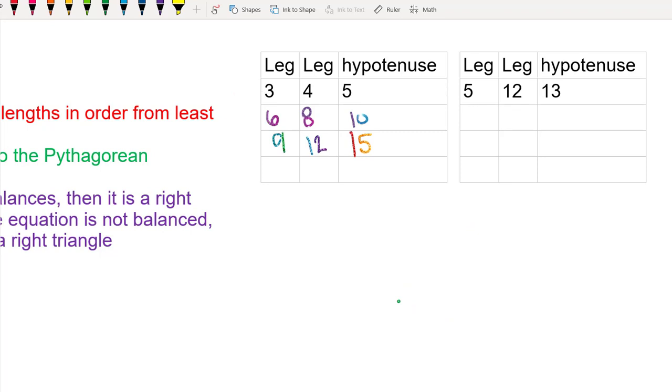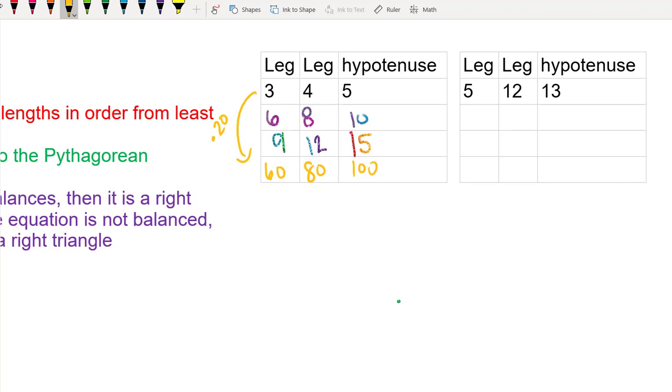You could even multiply by a large scale factor if you really want to. Let's multiply by 20, scale factor of 20. So 3 times 20 would be 60. 4 times the scale factor of 20 would be 80. 5 times the scale factor of 20 would be 100.